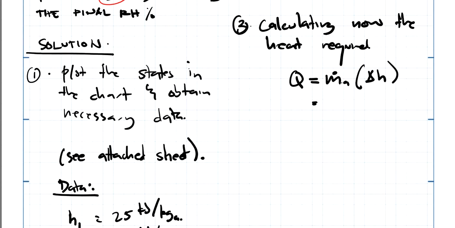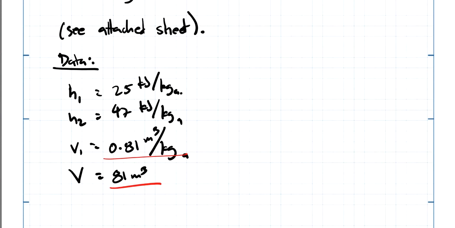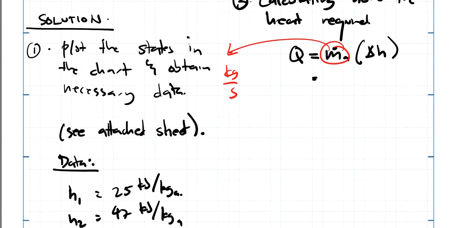The mass is the volume divided by the specific volume, times delta H, or H2 minus H1.